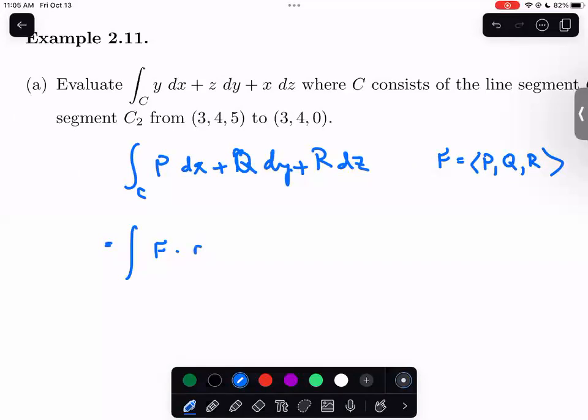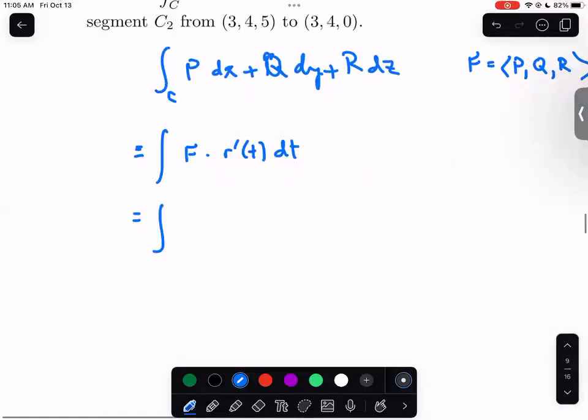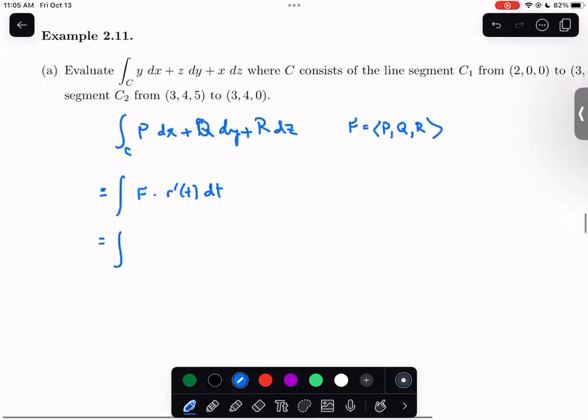It may be nice to specify what the F is here. Our vector field is y, z, x. Again, y was next to the dx, z was next to the dy, and x was next to the dz. Those make up the components of my vector field. This is my P, my Q, my R.